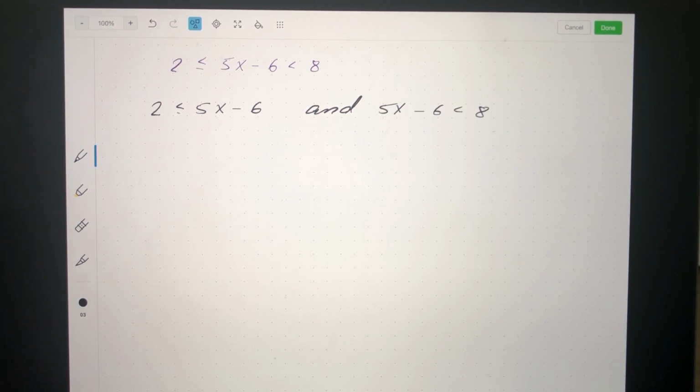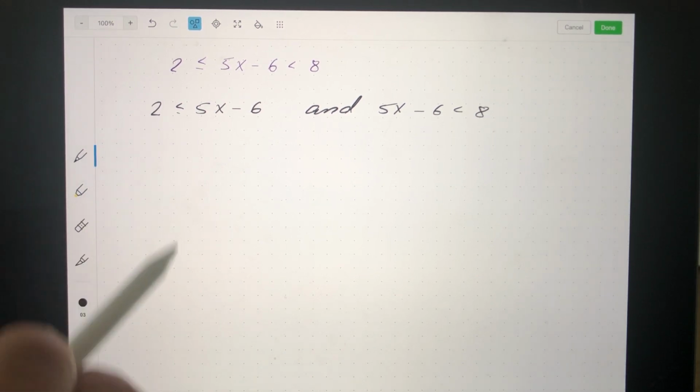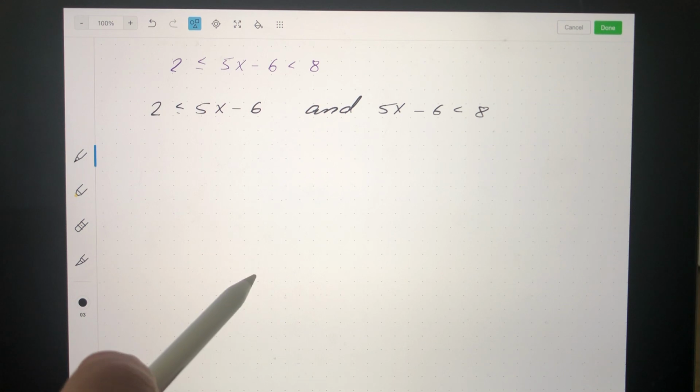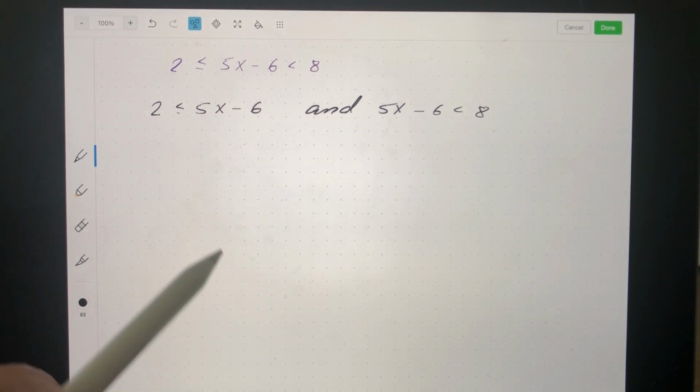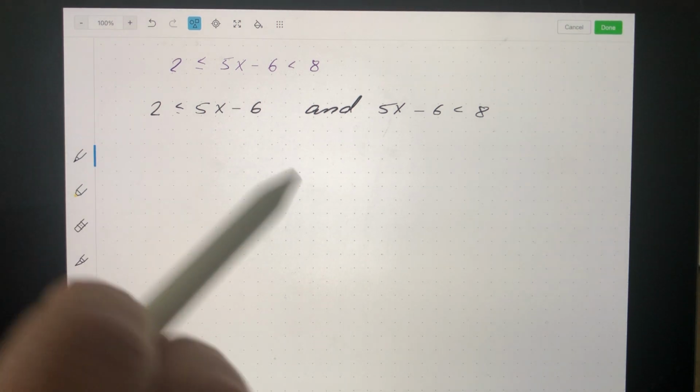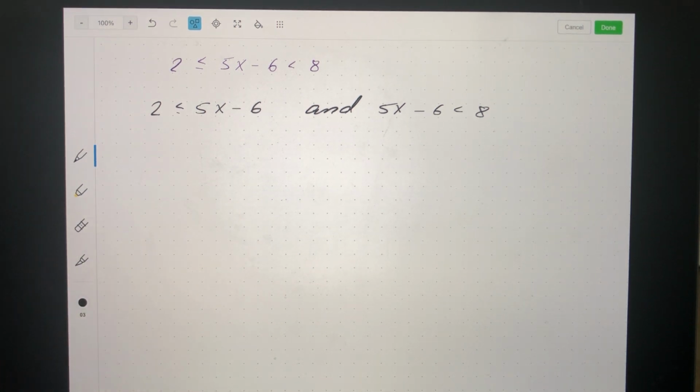Once we solve each one separately and shade where each solution is true, the place where both shadings intersect would be the place that is true for both inequalities. And that's our answer. So let's do that.